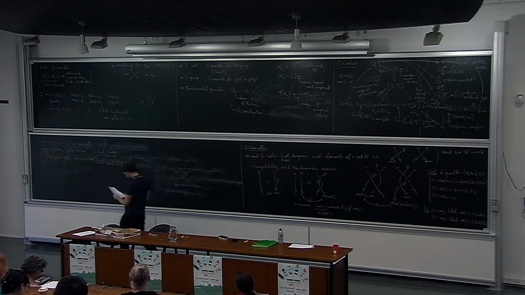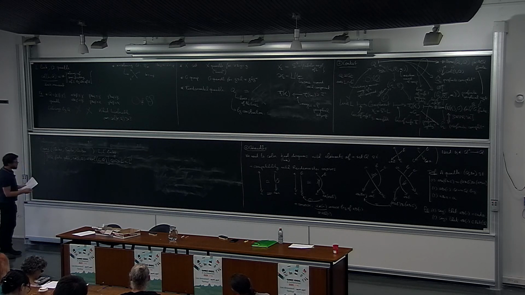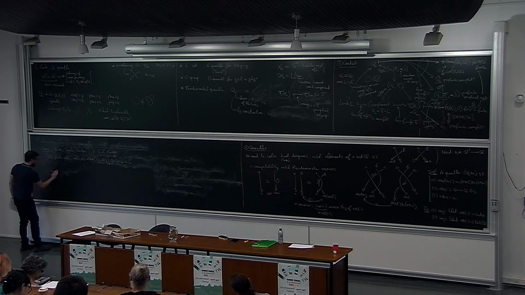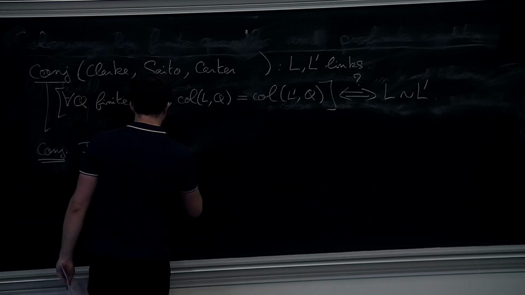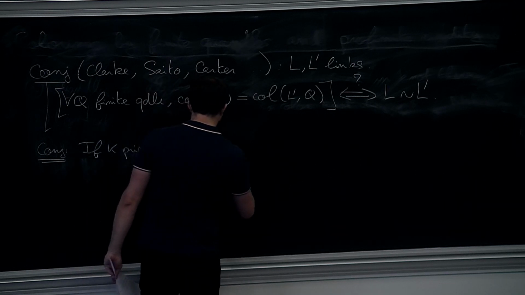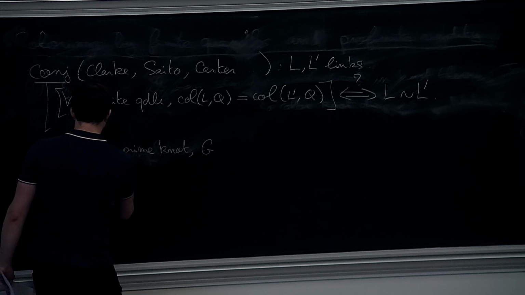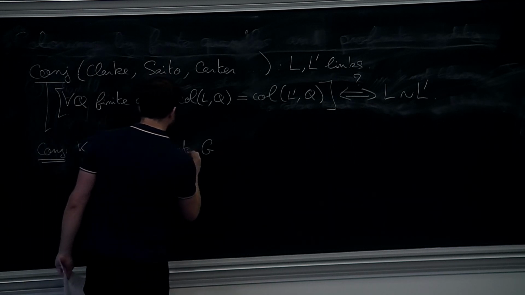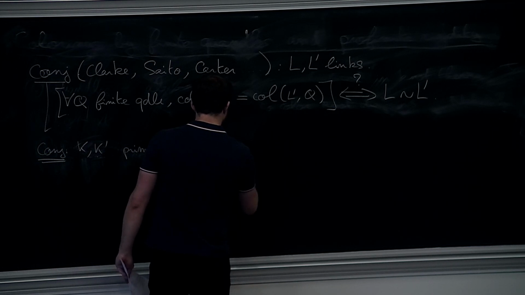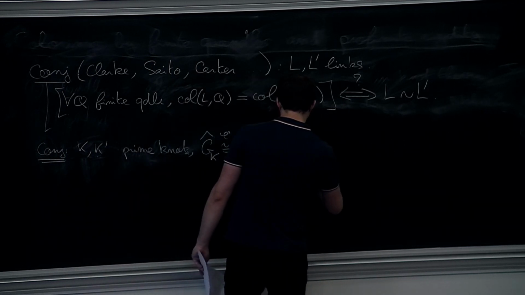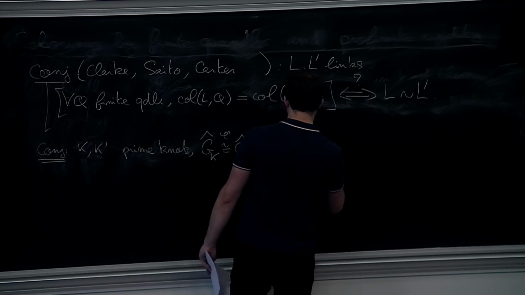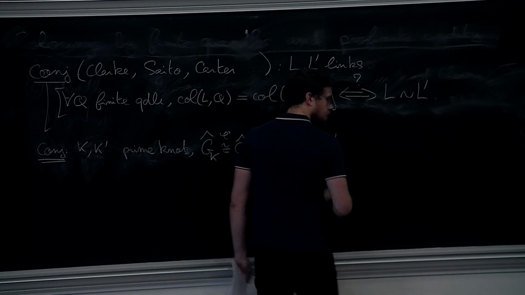And in particular, this is related, there is a conjecture in the world of profinite rigidity, which is that if K and K prime are prime knots, and there is an isomorphism between these profinite completions, then K should be the same as K prime up to mirror image.